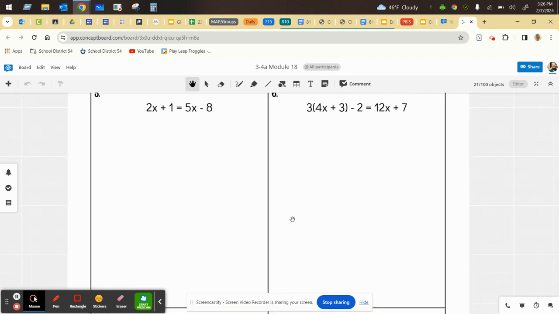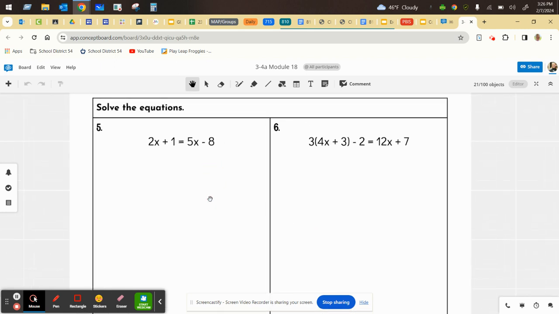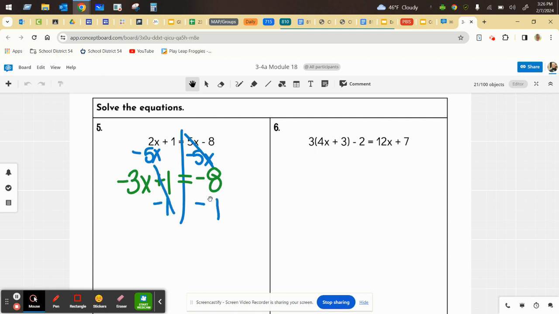All right, taking a look at number 5. Starting with my variable, that 5x is positive, so I'm going to subtract it from both sides. 2 minus 5, we have negative 3x. Rewrite the rest. Pay attention to the right-hand side. That's a negative 8. Okay, I got to get rid of that 1, so I'm going to subtract it from both sides.